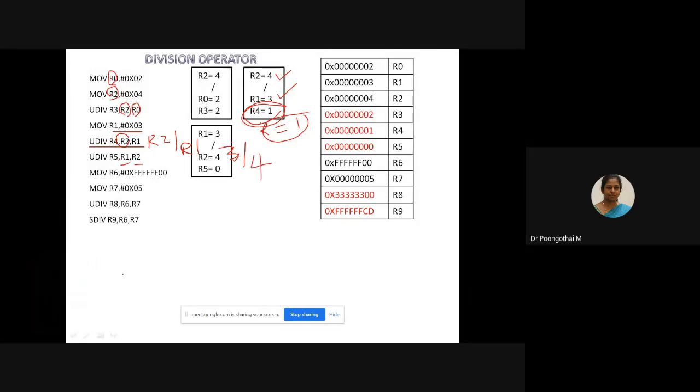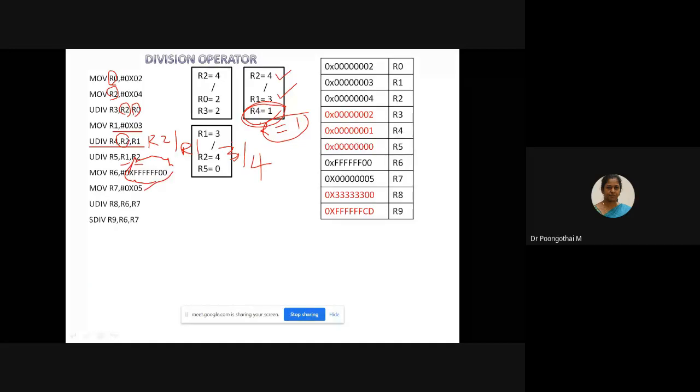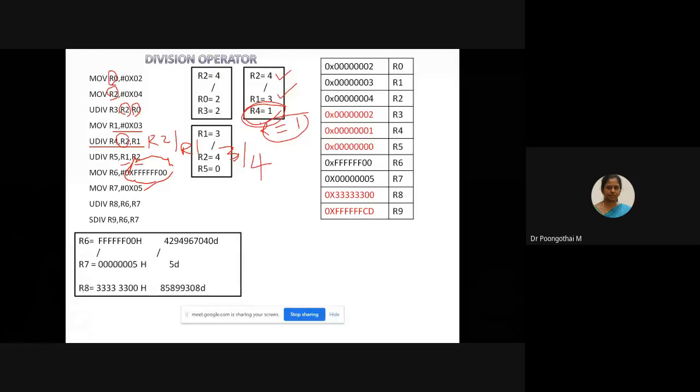The decimal equivalent for this value is 4294967040. And the divisor is 5. After the division, the value is 433330. So this is the decimal equivalent. This is for the unsigned division operation.